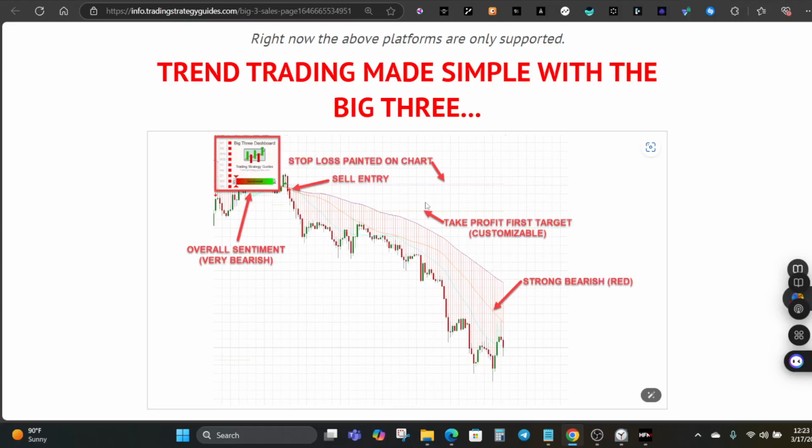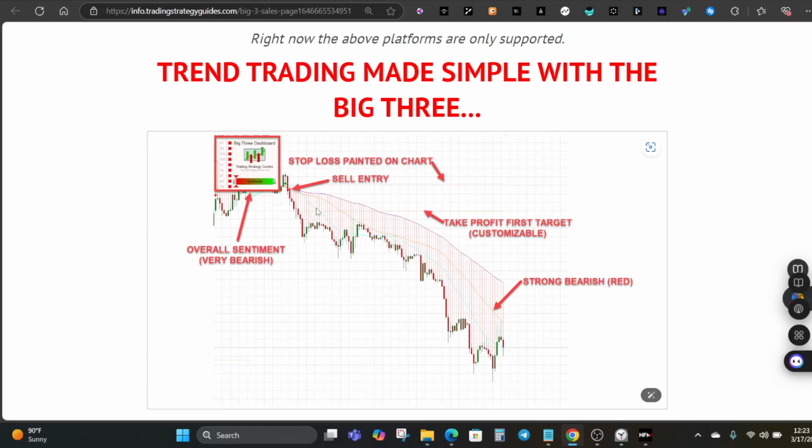All right, so using the Big Three indicator is quite straightforward. You just have to wait for a buy or a sell signal. When the arrow appears, just check that all three conditions align, that the arrow is pointing in the downward direction, and you have your bearish crossovers from the moving averages, and that you have these hatched areas in red.